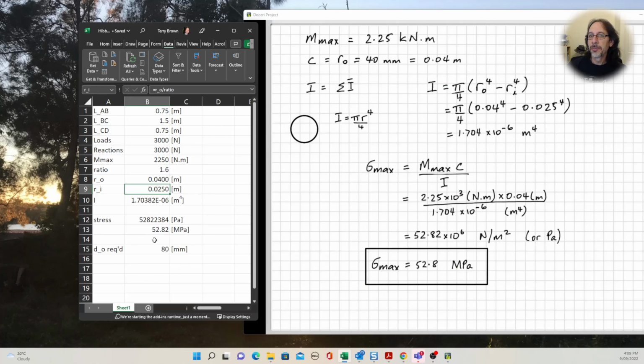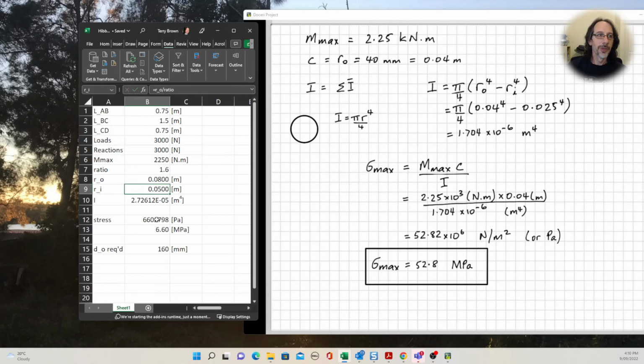And then the next part of the problem was to turn this into a design problem and say, if we've got an allowable stress of 150 megapascals, what diameter do I need? You could do it by trial and error. You could guess, so we got a stress of 52, and we want a stress of 150, so let's make it 0.08 and see what we get.